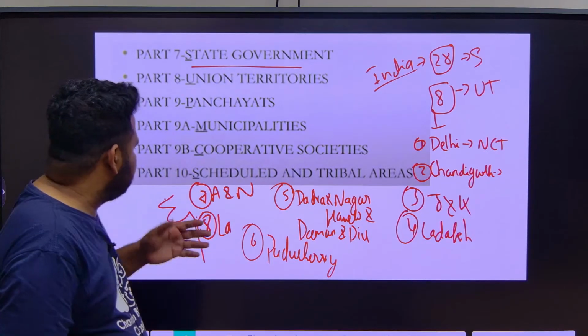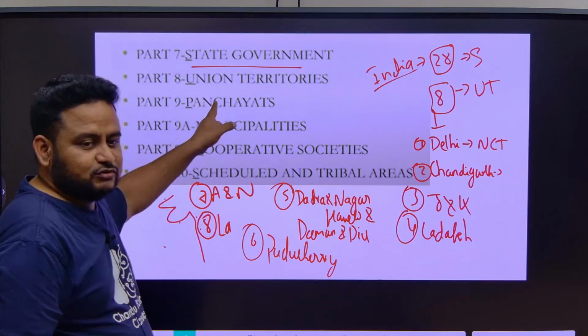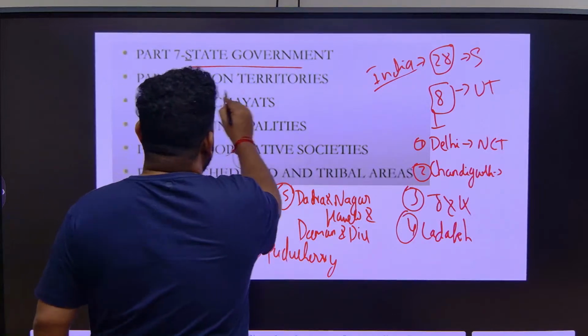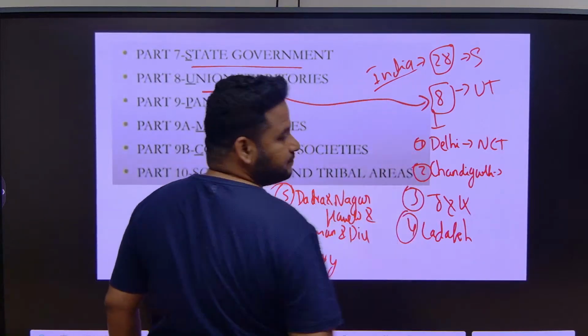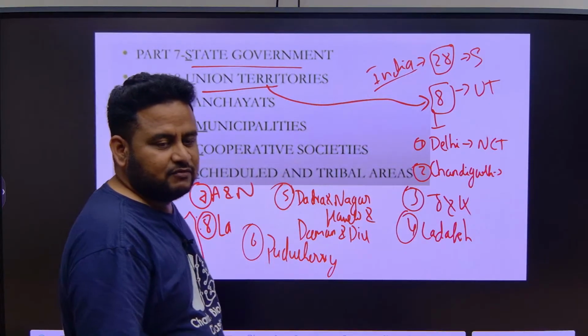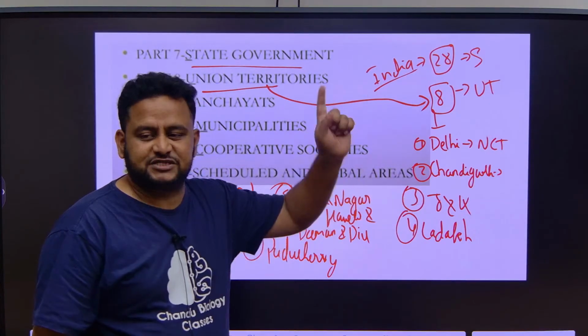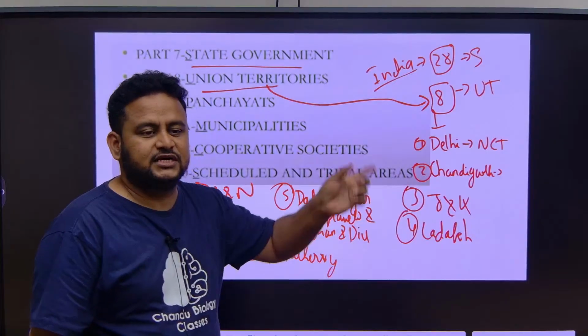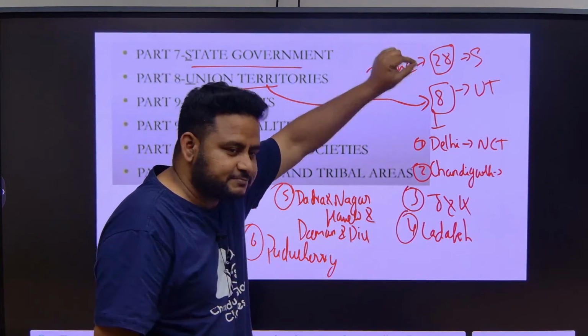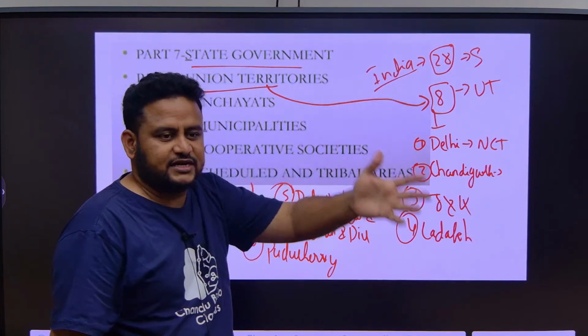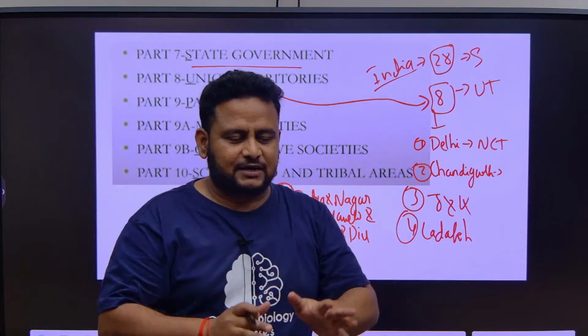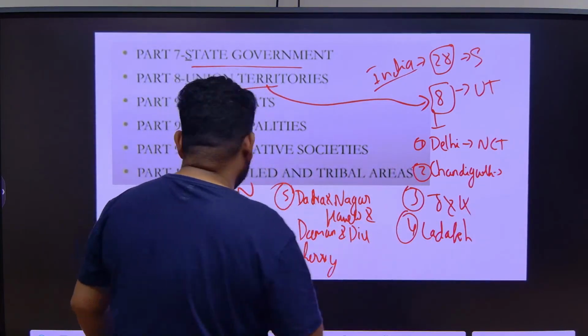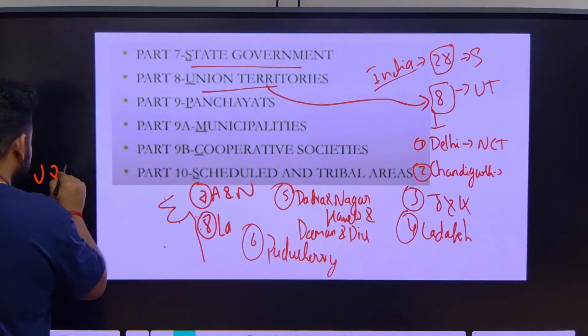Fine. Now, I told you this is union territories. When I am talking about union and its territory, I am referring to these 28 states plus 8 union territories. Union and territory means complete India.